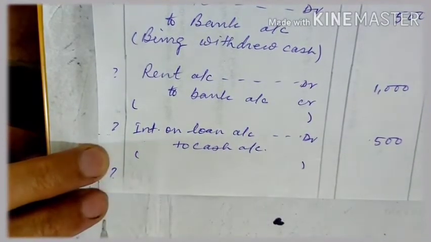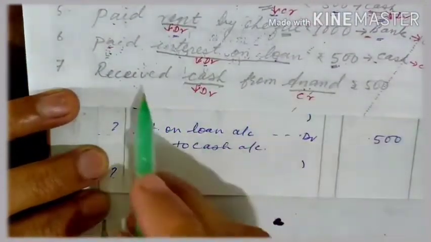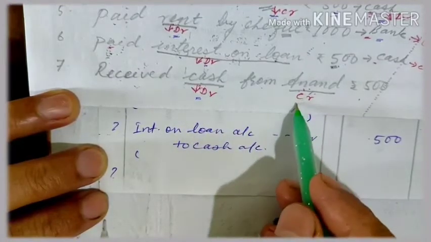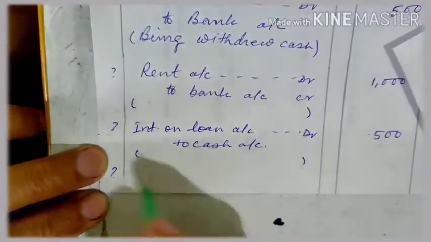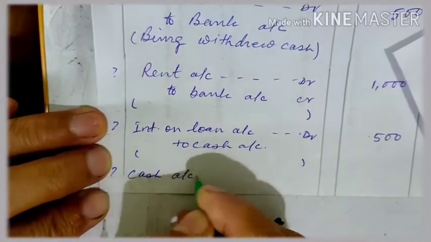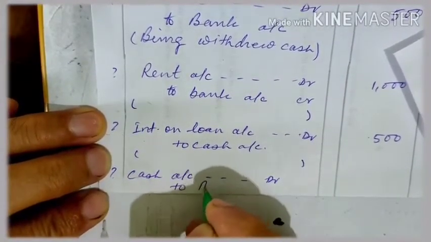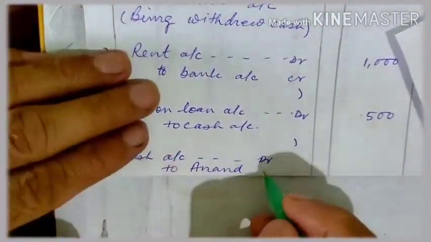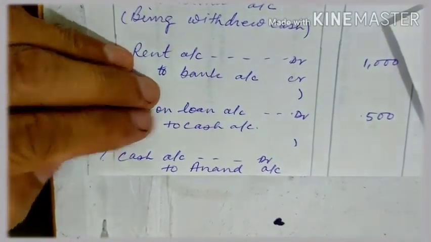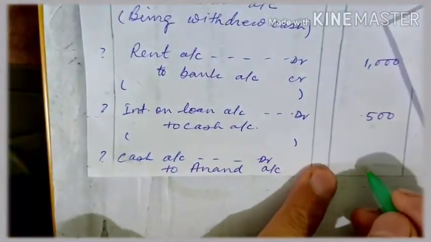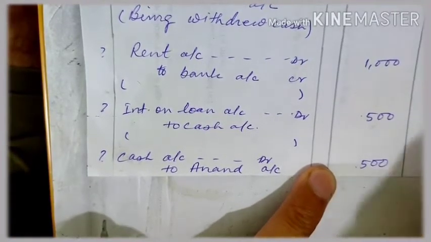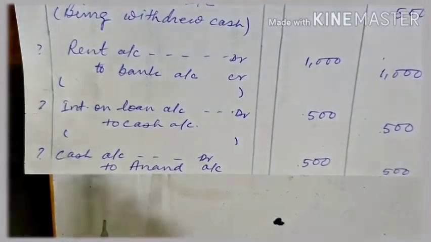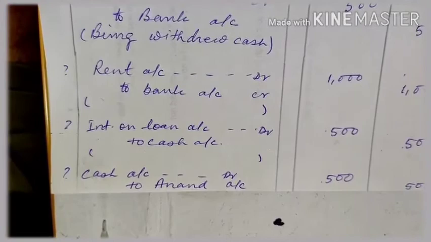Then the last one, received cash from Anand rupees 500. What is debit? Cash. And what is credit? Anand. So you have cash account debit to Anand account, and the amount is again 500. This is how the journal entries are made.